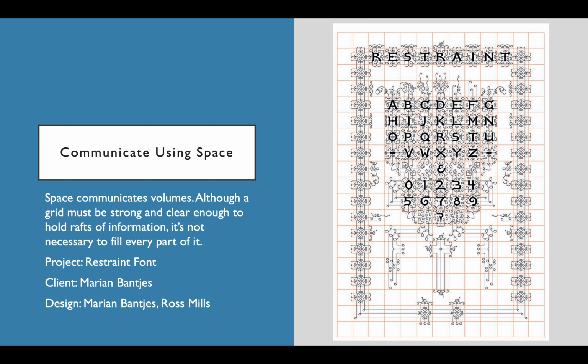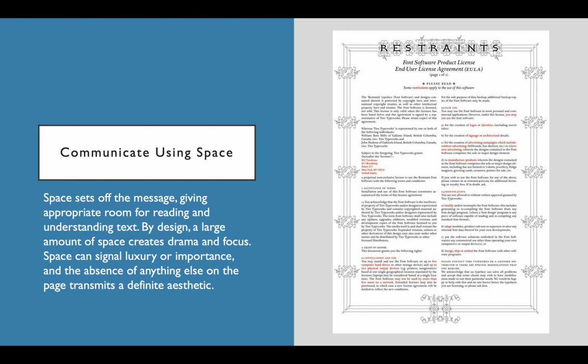Marian Bantjes's work is absolutely gorgeous, and if you get a chance to have a look at her, she's an absolute master of typography. So remember that even though your grid needs to be strong enough to hold a lot of information, there's often a lot communicated by where you leave gaps, where there are empty squares, as well as where you have squares filled.